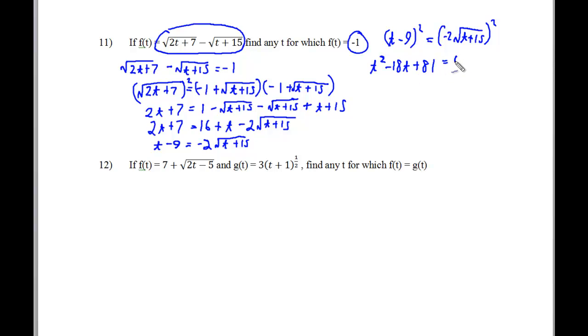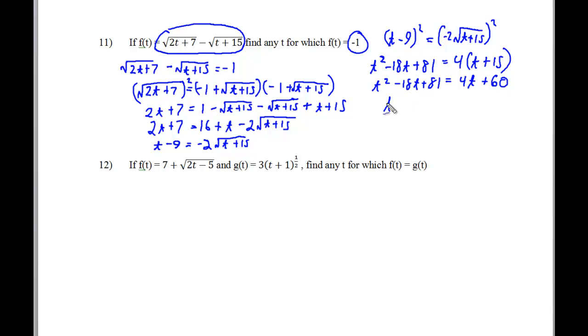And this is equal to 4 times the parenthesis t plus 15. This is 4, then the letter t, plus 15. 4 times 15 is going to be 60. And still over here on the left-hand side, t squared minus 18t plus 81.